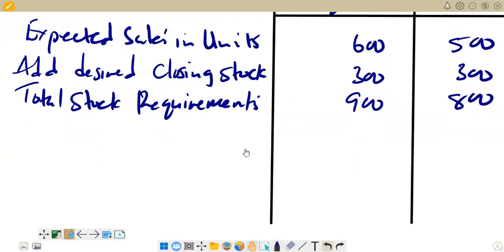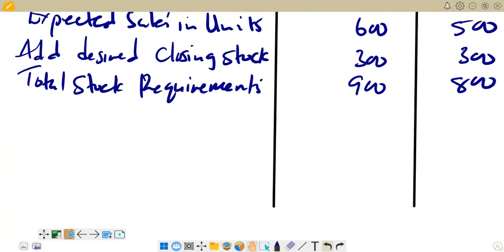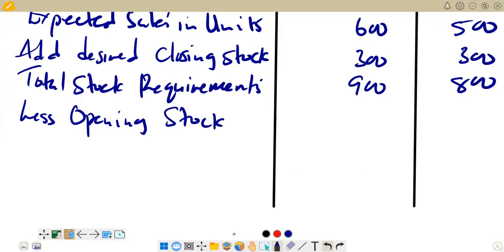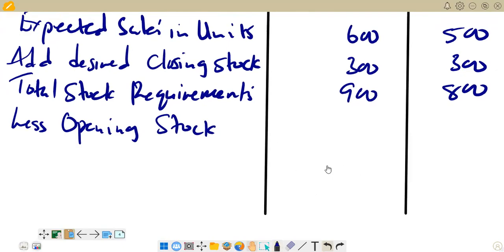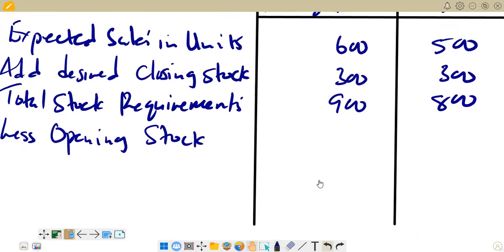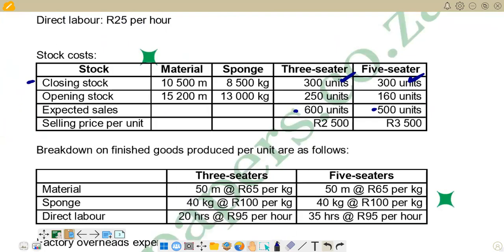And then beneath that, we want to see what we are supposed to do. We are getting total stock requirements. Then finally we are subtracting opening stock. So here we are saying less opening stock. Here and now we are going back to see what figures we have in terms of our opening stock. We are given the figures there.